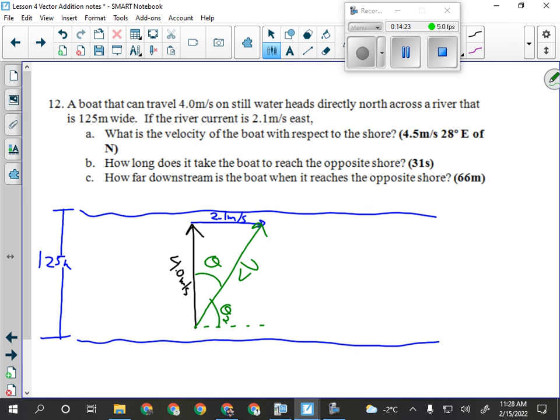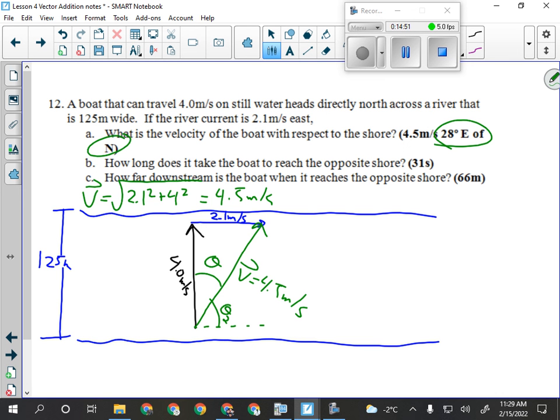Okay, so I want to find my resultant velocity. I can find my resultant velocity with Pythagorean theorem. 2.1 squared plus 4 squared is going to give me the 4.5 meters per second. Okay, and then with respect to the shore, actually, I didn't even put the answer right on here. I have 28 degrees east of north. That is this angle, and that's not with respect to the shore.